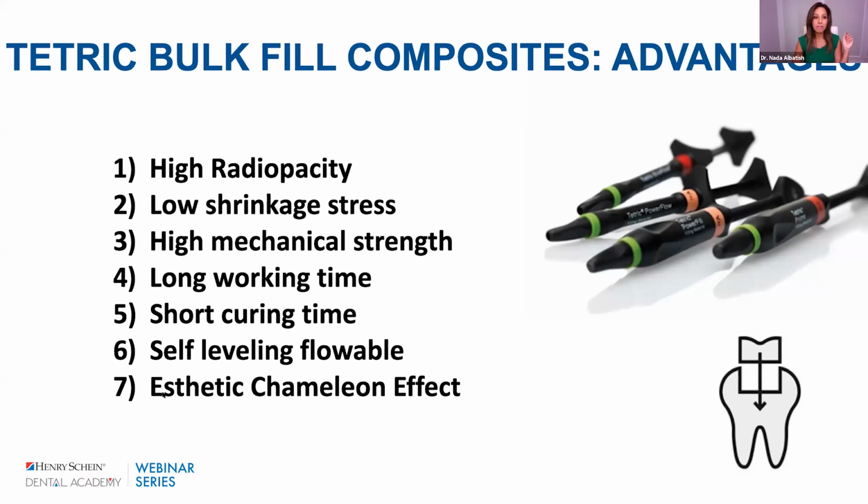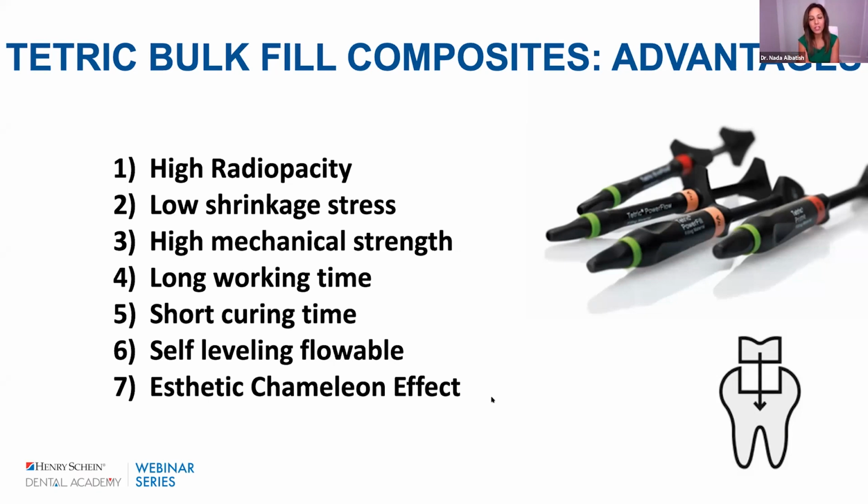And these materials have an aesthetic chameleon effect. So there is literature and there is social media, and you see people doing posterior restorations with some really incredible looking aesthetics that take them a long time to do because they're trying to make these really aesthetic posterior restorations. And the reality is, in your typical GP private practice, we don't have that kind of time, right?